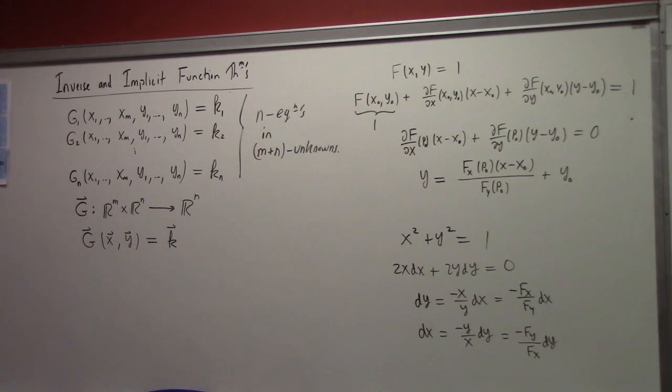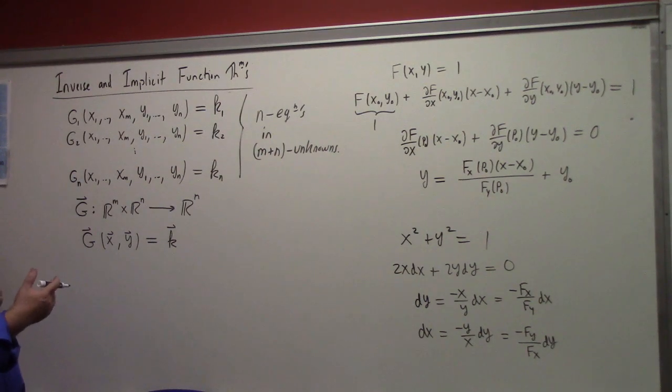And what we're going to try to do here is hope that these n equations are independent, in the sense that they at least allow me to solve for the y variables as functions of the x variables. That kind of makes sense, right?